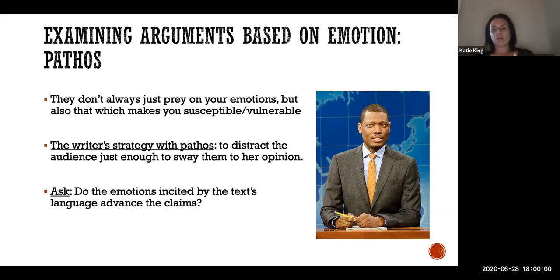One of the things that we kind of mock, right, about those women, particularly those white women, is that the emotions incited by the text, by the things they're saying, don't advance the claim, right? The claim that's being made is usually ridiculous, and the over-emoting is also ridiculous, so then it just becomes this sort of nuclear bomb of ridiculousness, right?